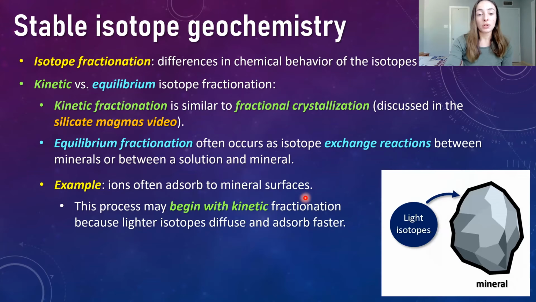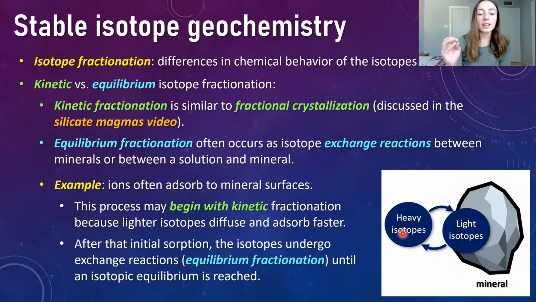So if we take an example, which actually will include both types of fractionation to show you how they might work in the same system, we can imagine that the process of ions adsorbing to mineral surfaces, which is really common, can begin with kinetic fractionation, where lighter isotopes diffuse and adsorb faster to that surface, causing a discrepancy where lighter isotopes are way more abundant at the mineral surface and the heavier isotopes are left over in solution. And then after the initial adsorption occurs, the isotopes undergo exchange reactions until isotopic equilibrium is reached.